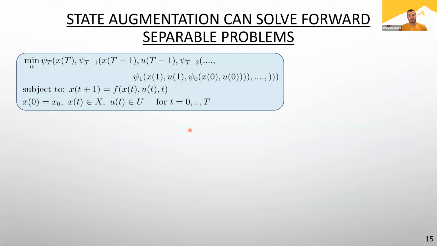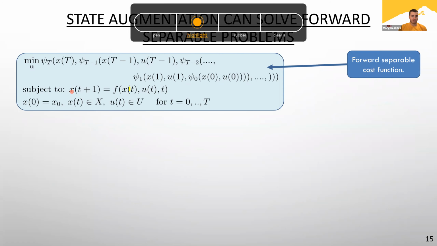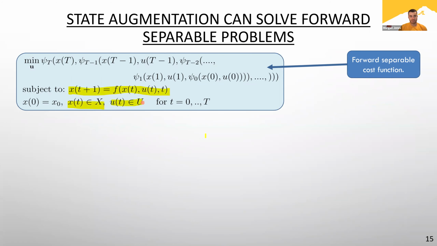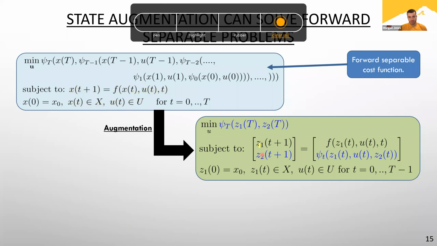So if we consider a multi-stage optimization problem where the objective function is a forward separable function, and we have the usual state dynamic constraints and state constraints and input constraints, then we can do this augmentation trick where we extend the state space to be a variable Z1 and Z2.